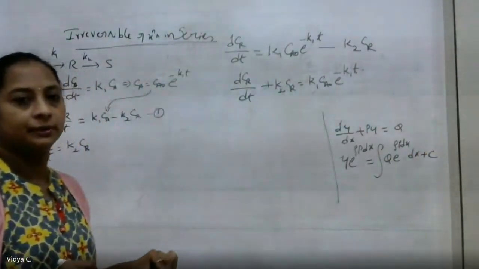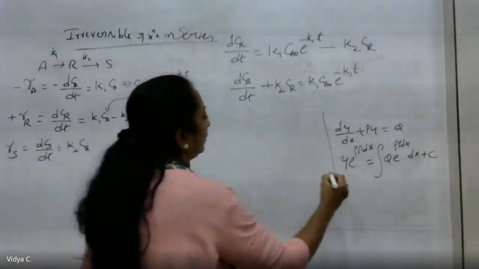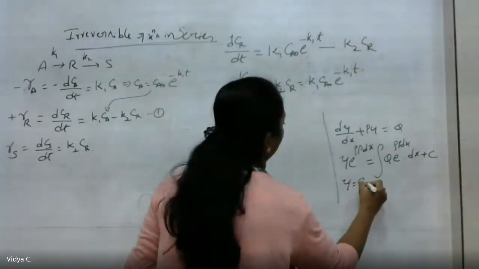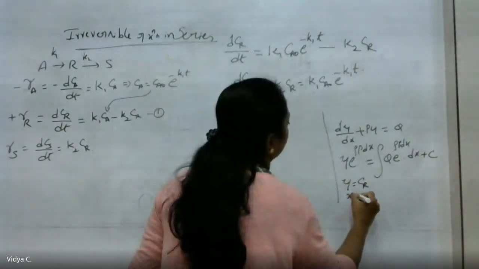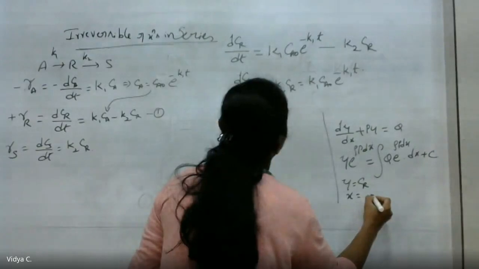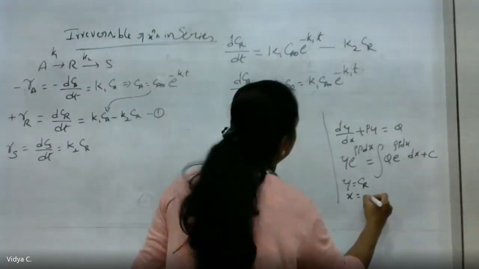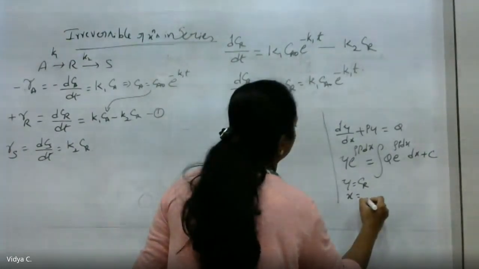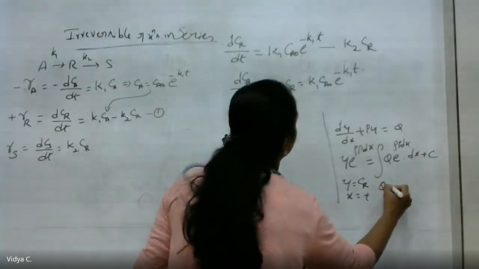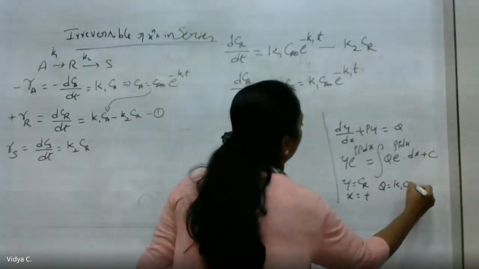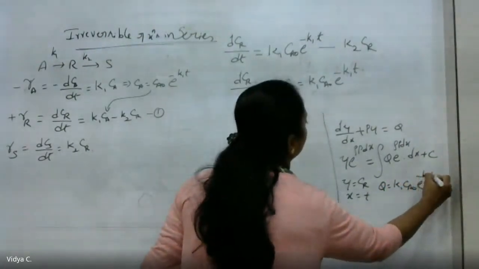This is the solution. So here, what is y? y is equal to CR. What is x? x is equal to t. Correct. Q is equal to K1 CA naught e to the power of minus K1 t.